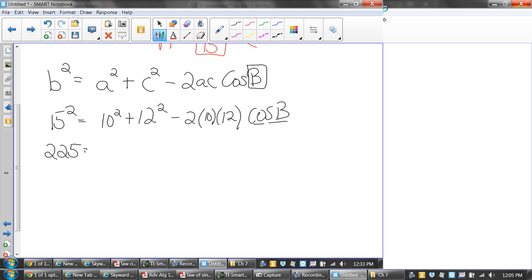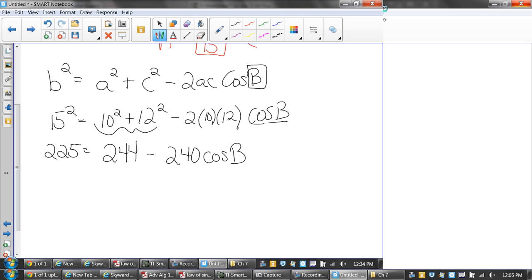And again, this is just an addition problem, right? What's 10 squared plus 12 squared? 244. Minus, and what's this going to become? Negative 2 times 10 times 12. 240.